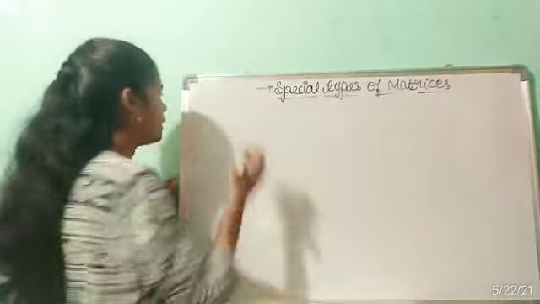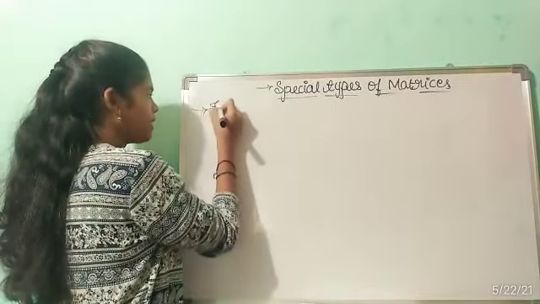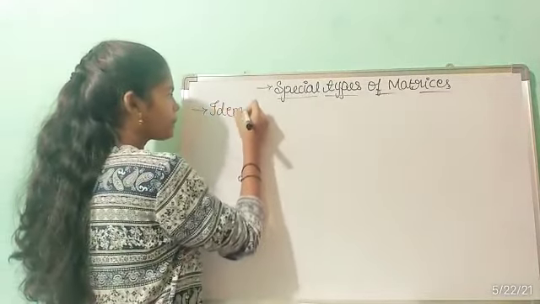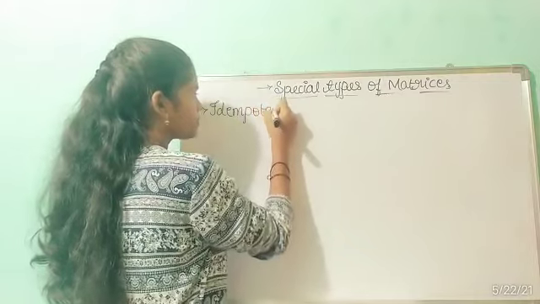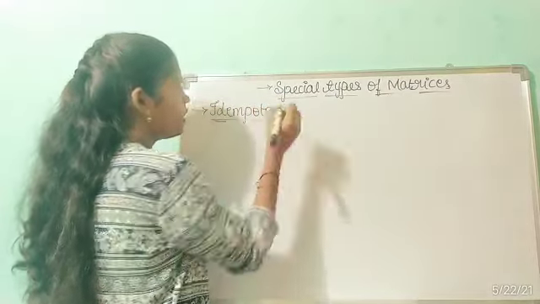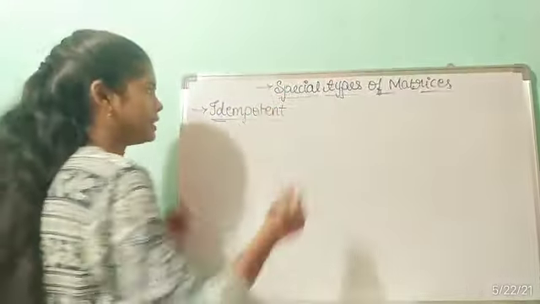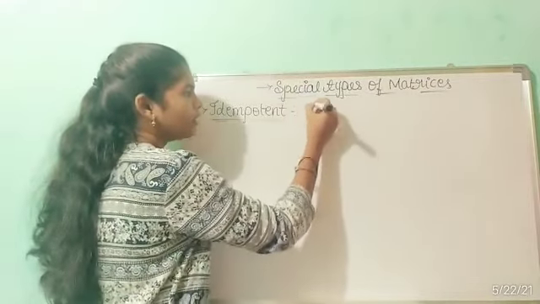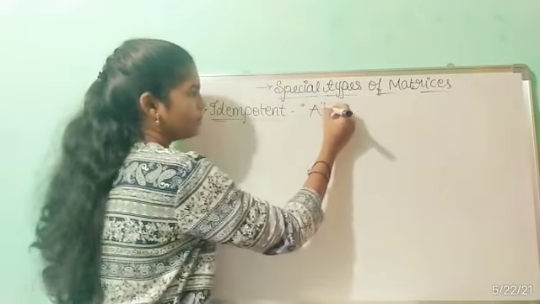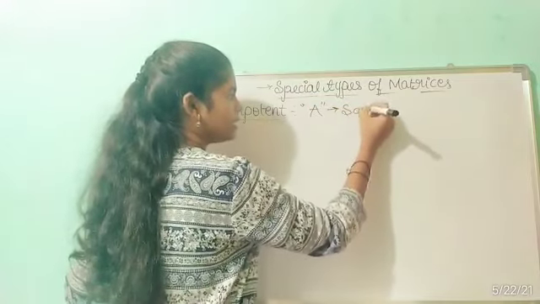Okay, let's start with idempotent matrix. What do you mean by idempotent matrix? Suppose we are given a matrix called A, which is a square matrix.